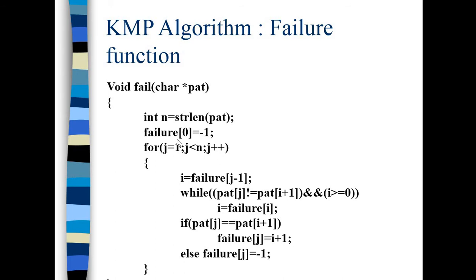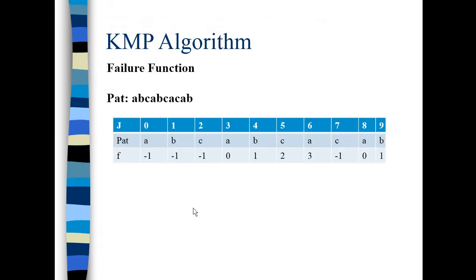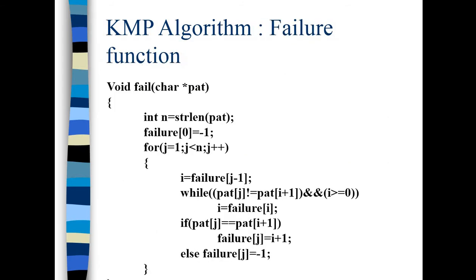Initially the failure value we have taken as -1. Then from 1 to the nth value, initially we have failure of j minus 1. Now the j value will be 1, so failure of j minus 1 is -1, right? So that value we are taking here.